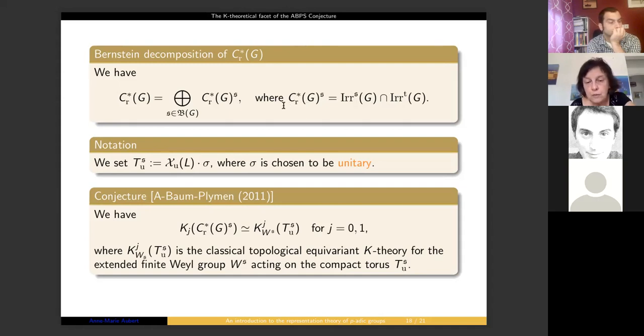As I tried to explain yesterday, the C-star algebra is related to the tempered dual of G, and we view this as the intersection of the tempered dual with the block, the Bernstein series attached to S.